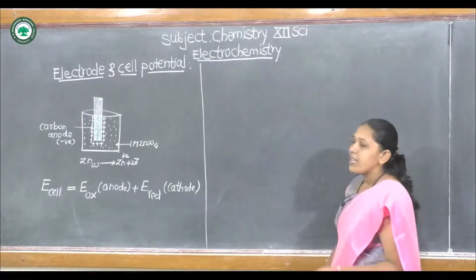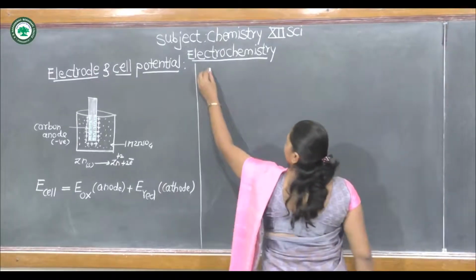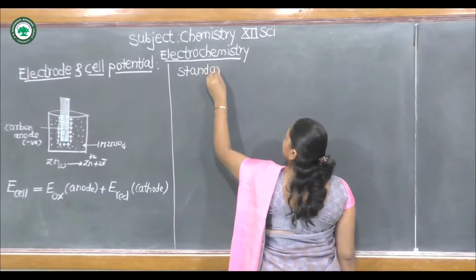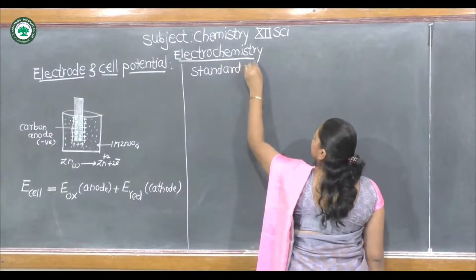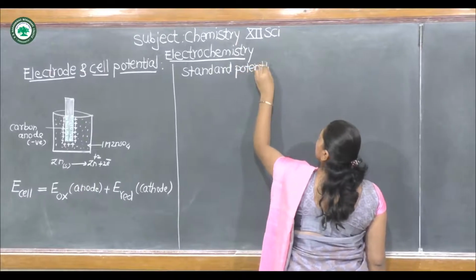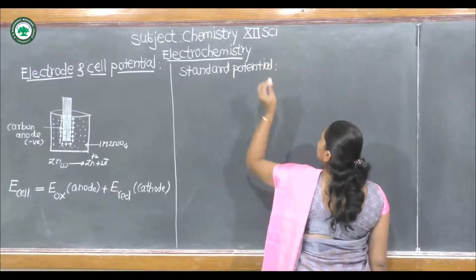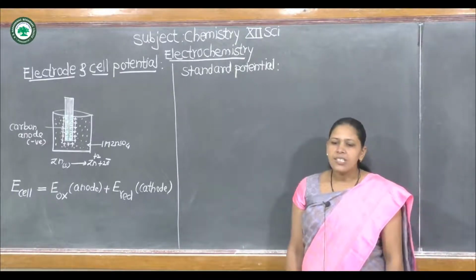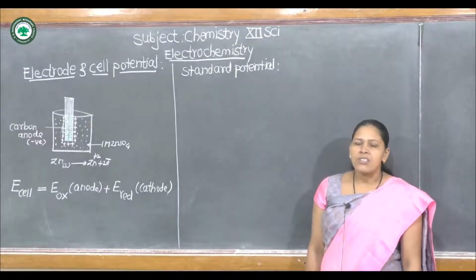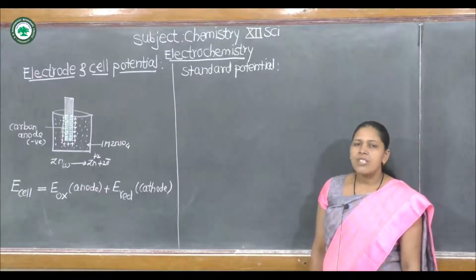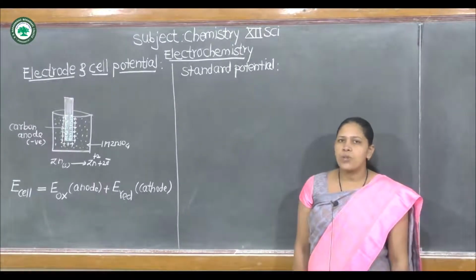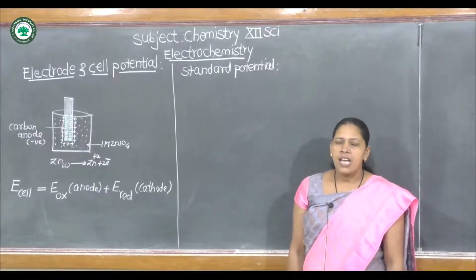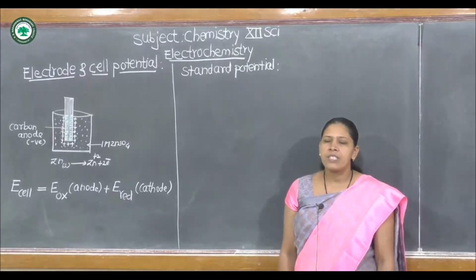Then what is meant by standard potential? We know that electrode potential depends on 3 factors. First one is concentration of solution, second one is pressure of gases, and third one is temperature.